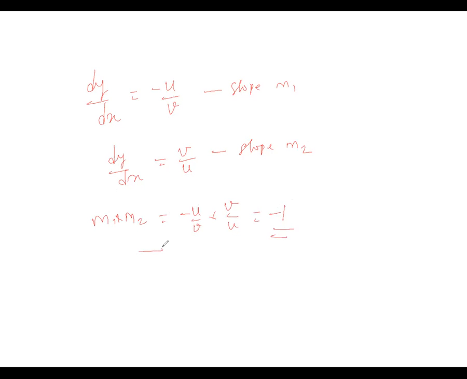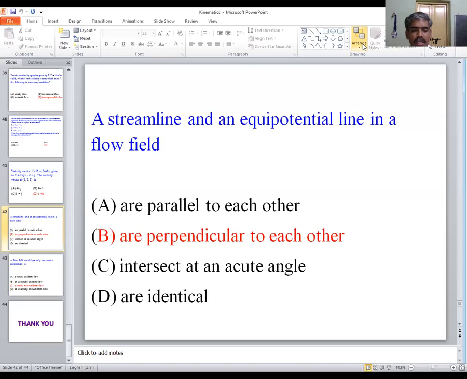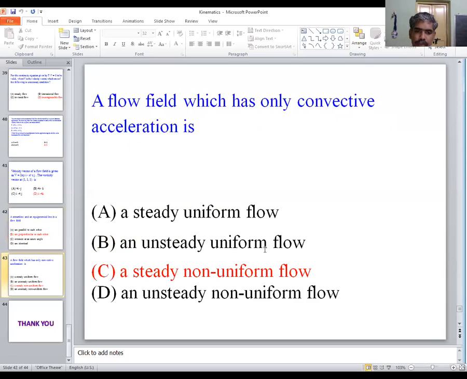So this condition represents a perpendicular condition, since u and v appear vice versa and we get minus 1 as the product. So for the given condition, they are perpendicular to each other.